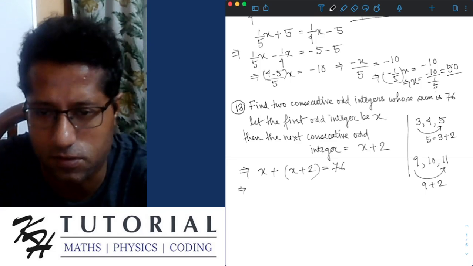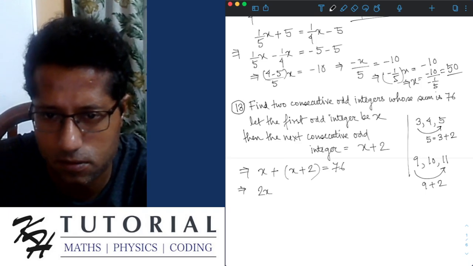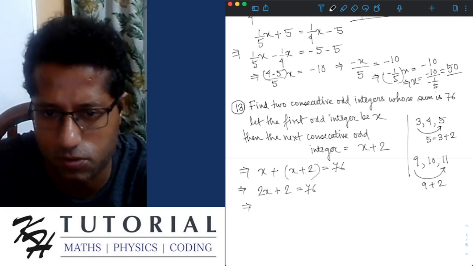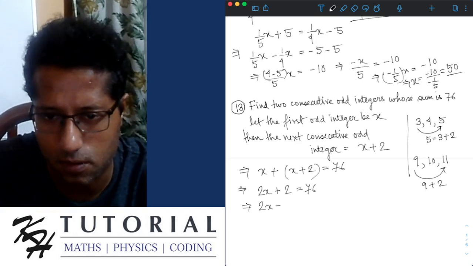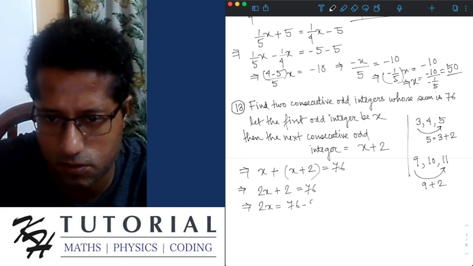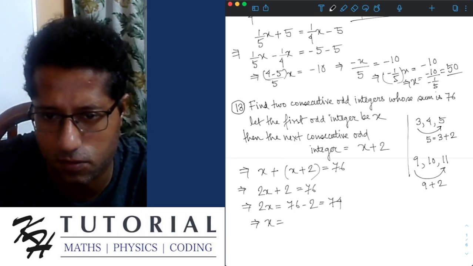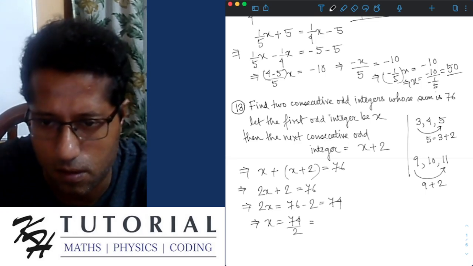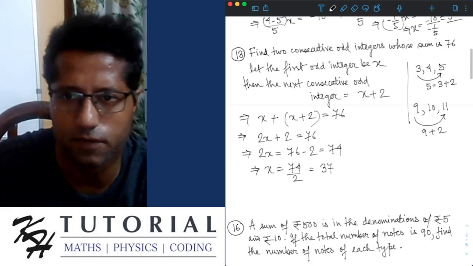After simplification, it becomes x plus x is 2x plus 2 equals 76, and after transposing the constant 2 from the left hand side to the right hand side, we get 2x equals 76 minus 2, this equals 74. This implies 2x equals 74, therefore x equals 74 by 2, this is 37.